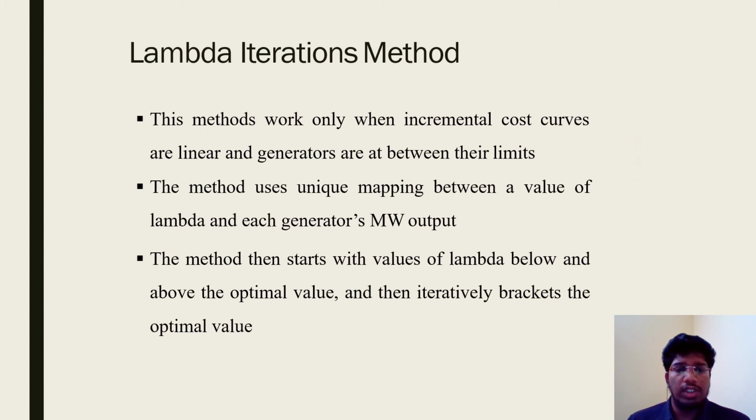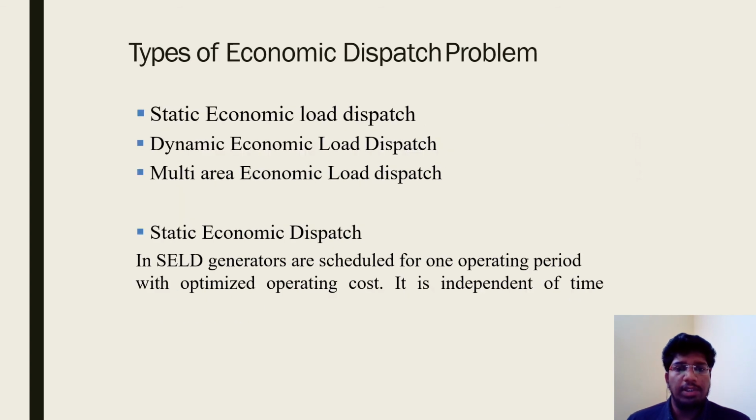The method uses a unique mapping between the value of lambda and each generator megawatt output. The method starts with values of lambda below and above the optimal value and then iteratively brackets the optimal value.